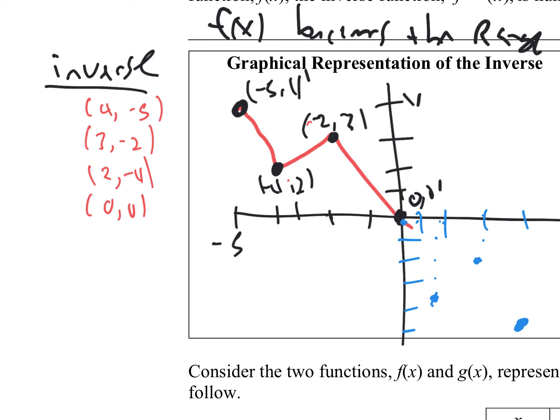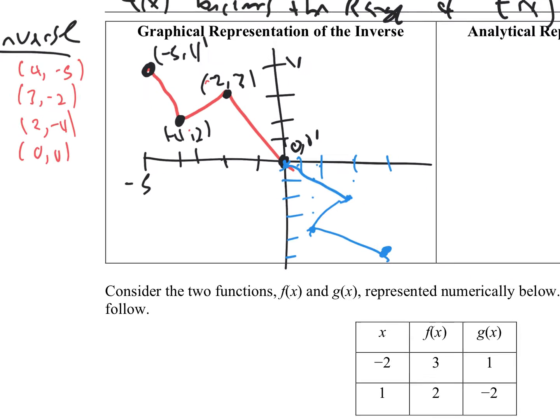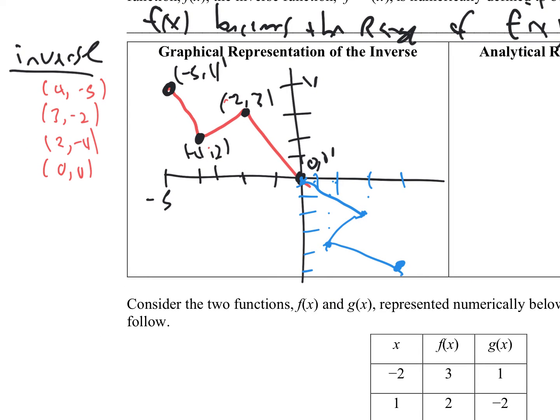If I connect those, what was I supposed to see? Graphically, what should I be seeing? A reflection. A reflection against what? The y-axis, or x-axis, or a different line? The y equals x. Yep.